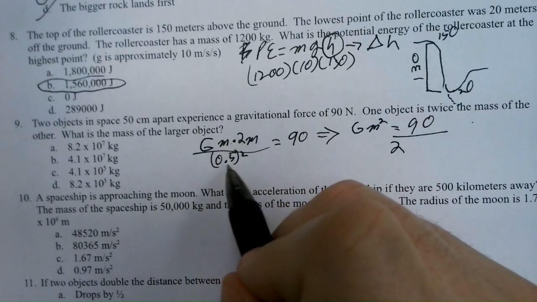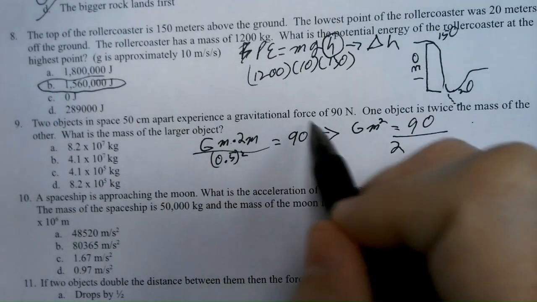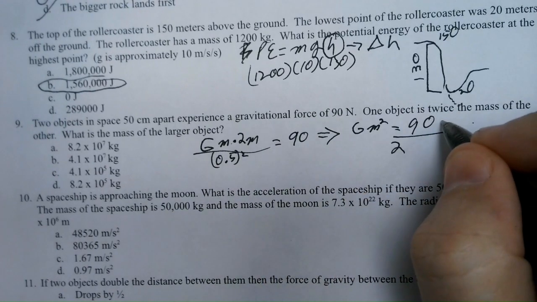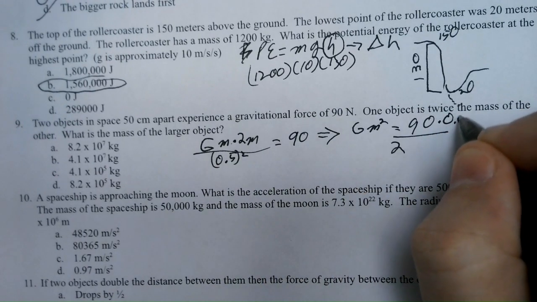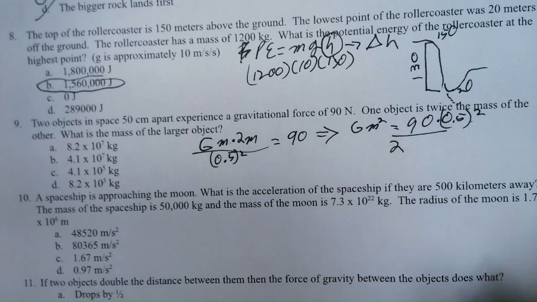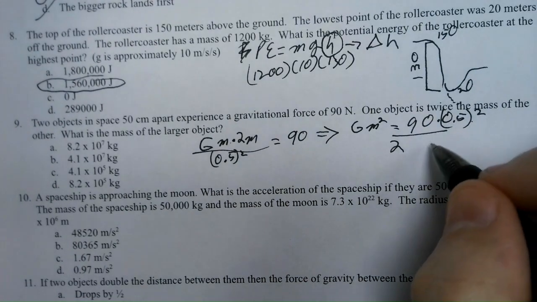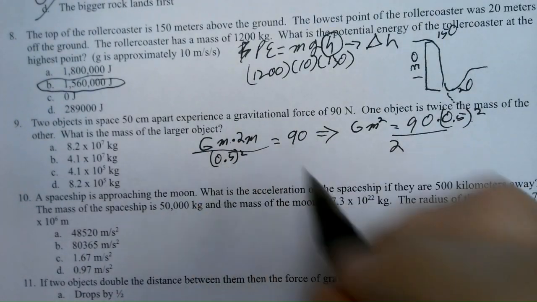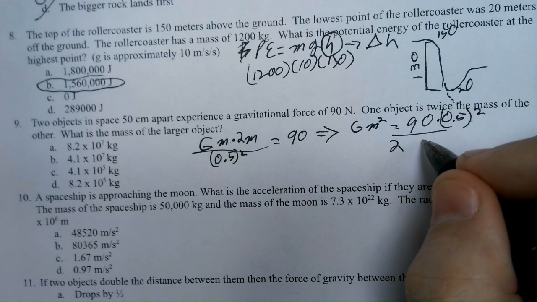And I'm going to multiply both sides by 0.5 squared to put that up here. So this is going to be 0.5 squared, or 0.25 if you like. And then our gravitational constant is going to come down here.